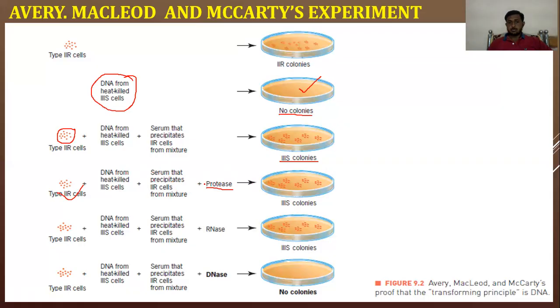Here they used protease because they were not sure whether a protein is transferring the S type characteristics to the R type cells, so that S type colonies are observed in the third experiment.